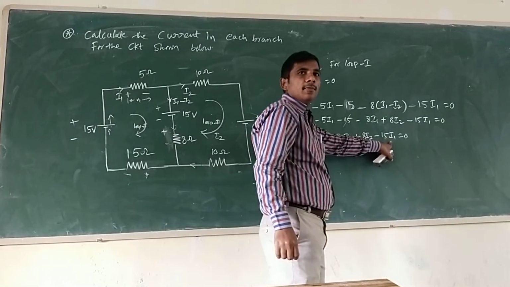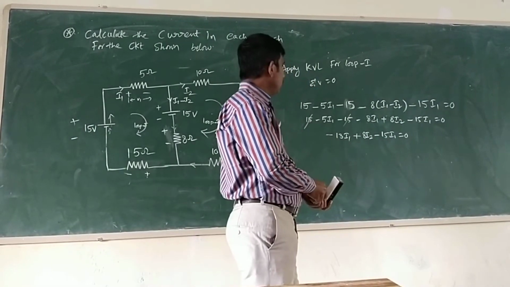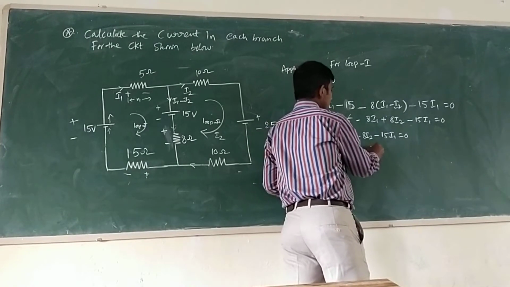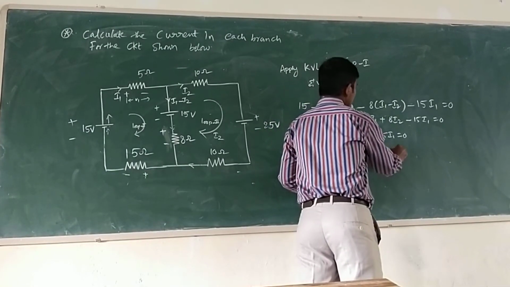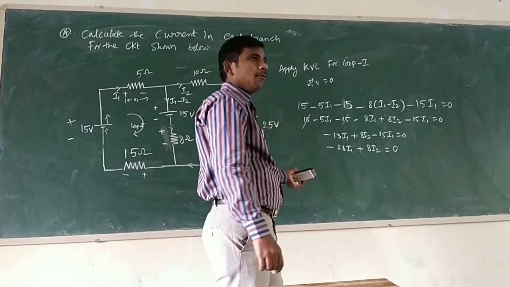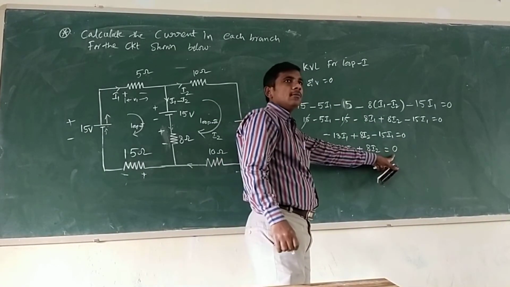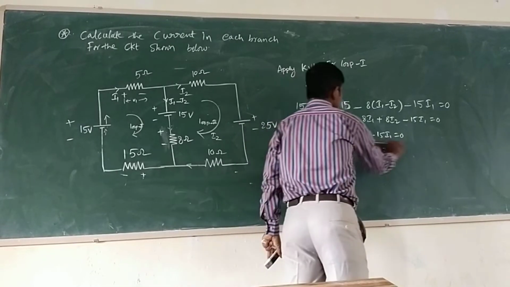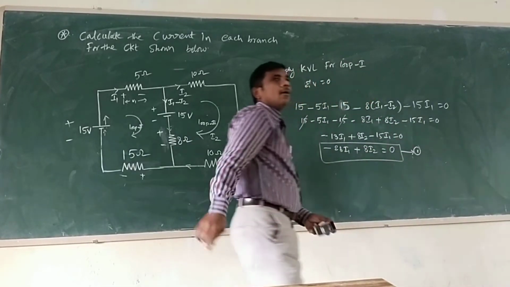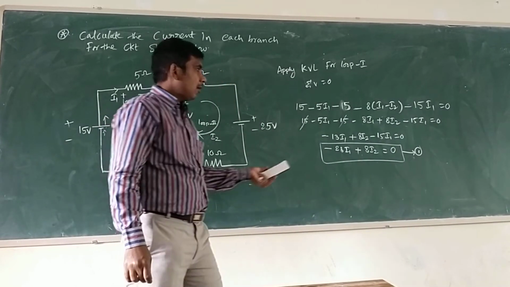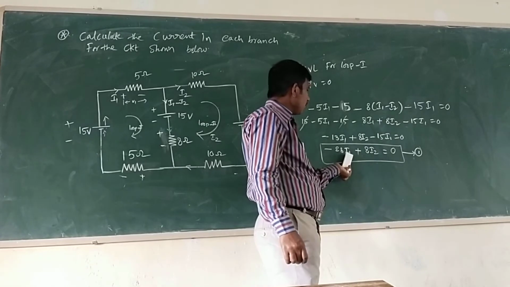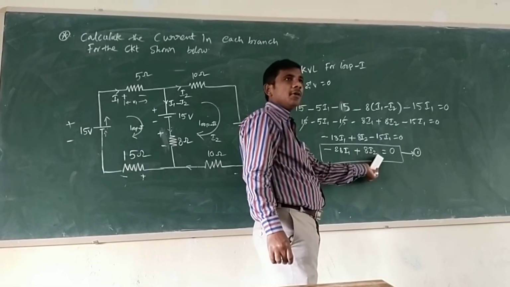That is minus 28 I1 plus 8 I2 equal to 0. Constant is 0. Yes. Okay. Make it equation number 1: minus 28 I1 plus 8 I2 equal to 0.